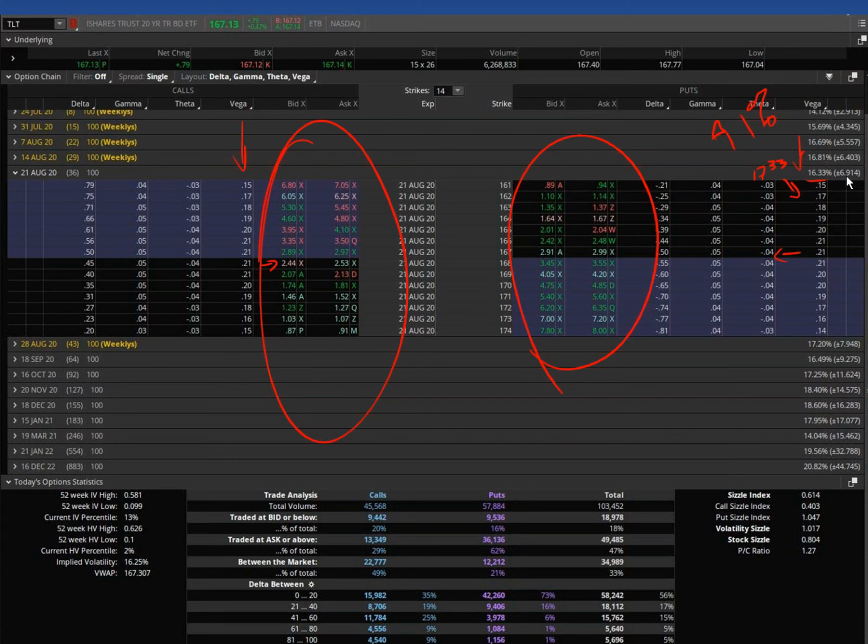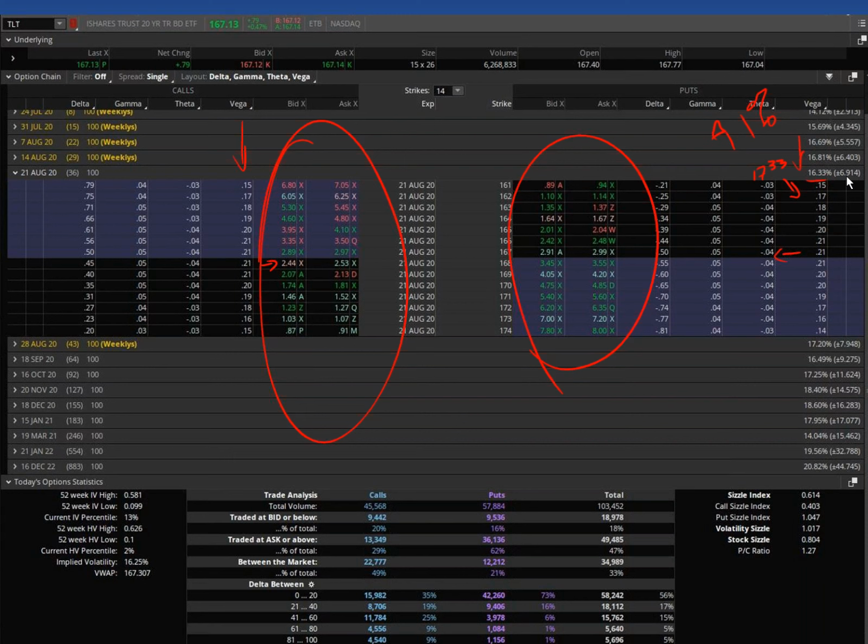Now, there's also this whole thing of, well, if volatility is kind of mid-range for this specific underlying, and I don't know if volatility is going to go up, and I don't know if volatility is going to go down, how can you take advantage of that? Or at least limit those risks of the unknown? Well, the way to do that is to buy one and sell one, right?